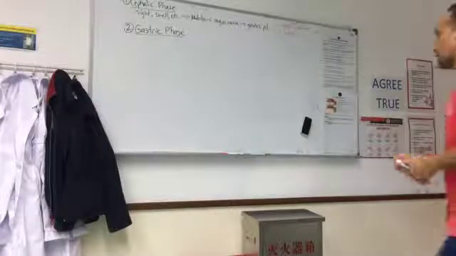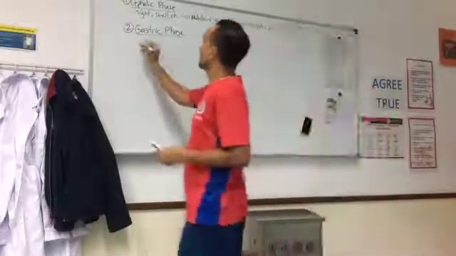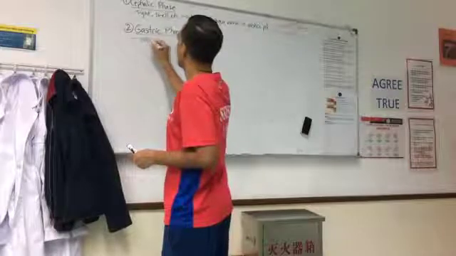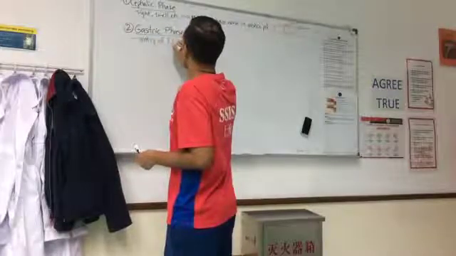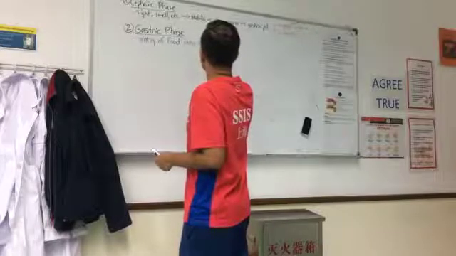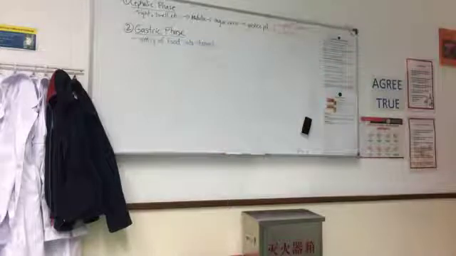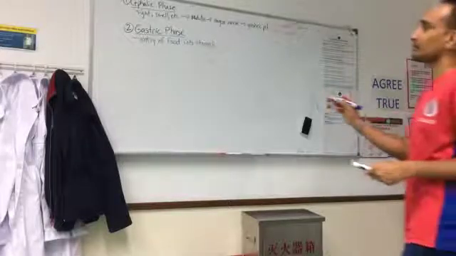So I'm going to use some different colors here. Okay, so how is the entry of food into the stomach detected? There's three different ways that this is done.